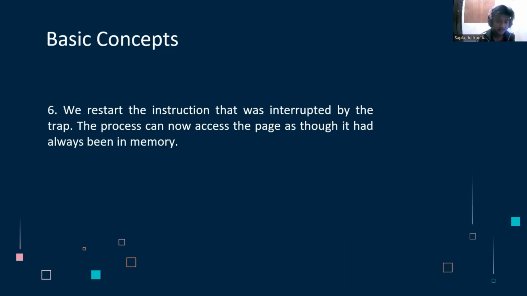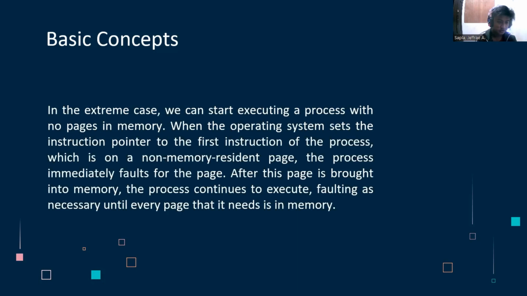So we restart the instruction that was interrupted by the trap. The process can now access the page as though it had always been in memory. So in the extreme case, we can start executing a process with no pages in memory.